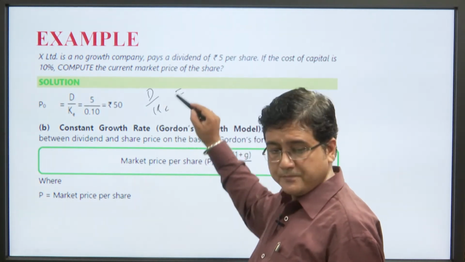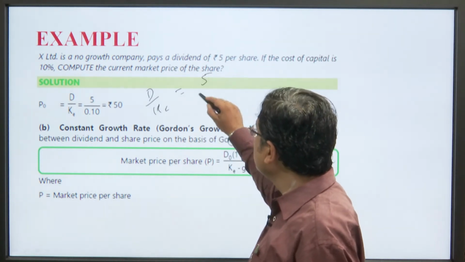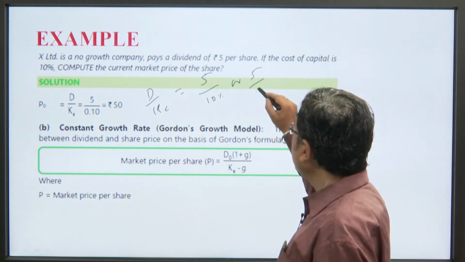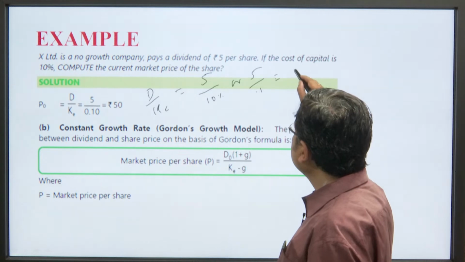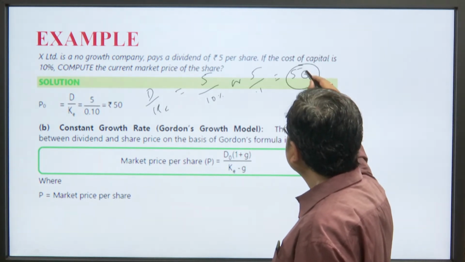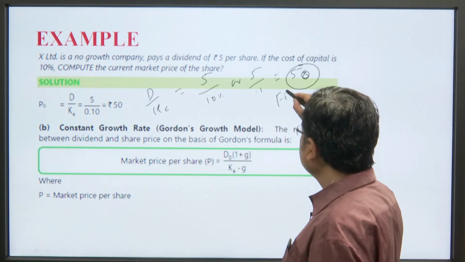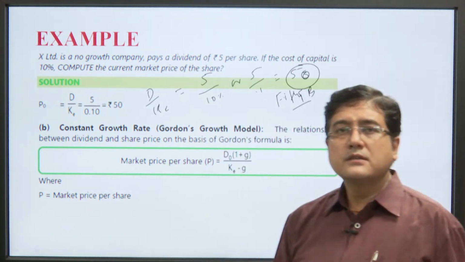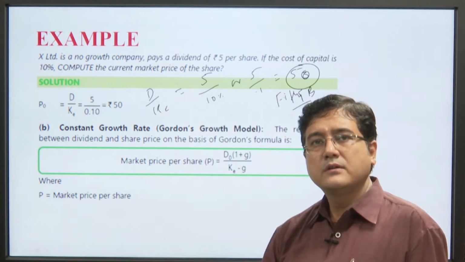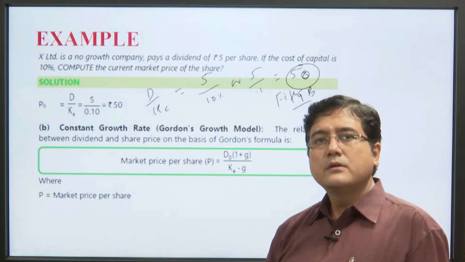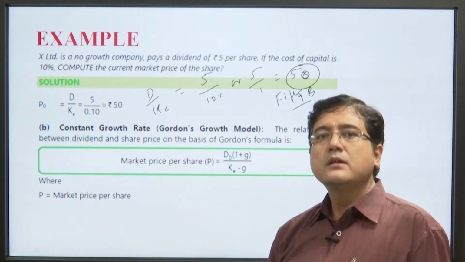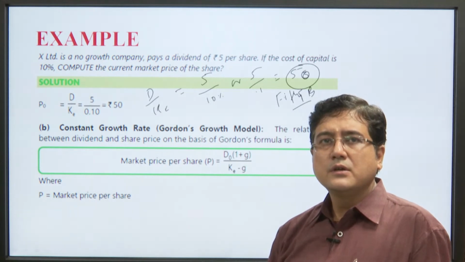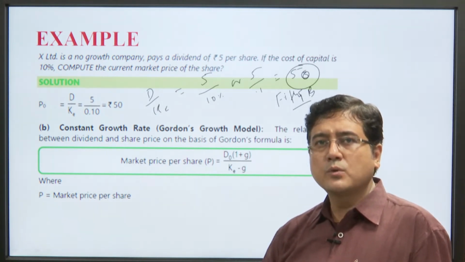D is 5 divided by KE 10%, or 5 divided by 0.1, and we find the value of the share is rupees 50. So, this is the way we can find the market value of a share when the dividend is constant, with no growth.